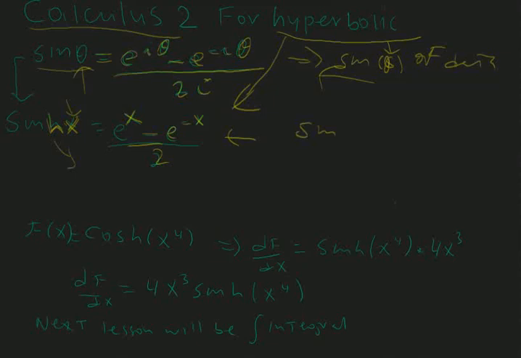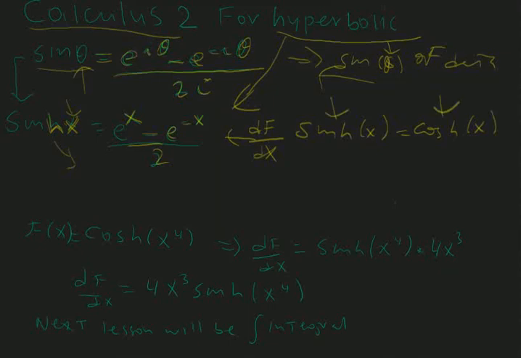The derivative with respect to x of sine hyperbolic x is equal to cosine hyperbolic x. So this is equal to this.